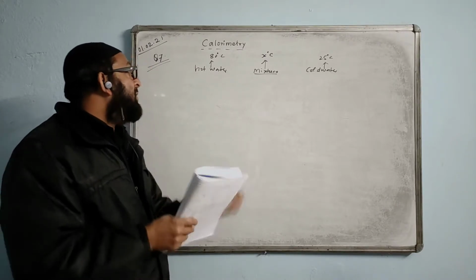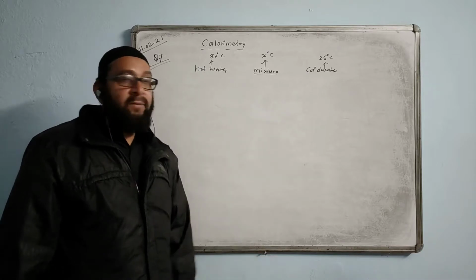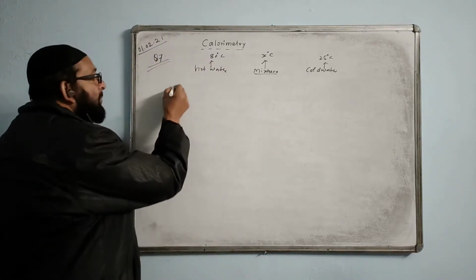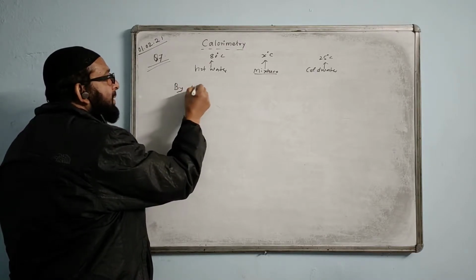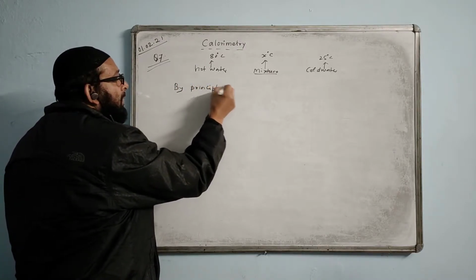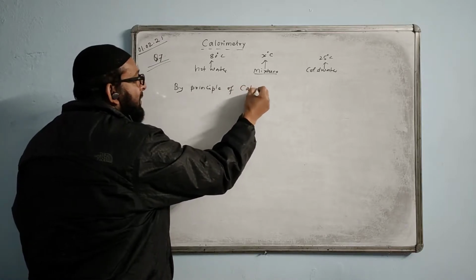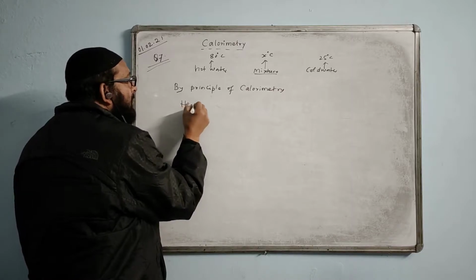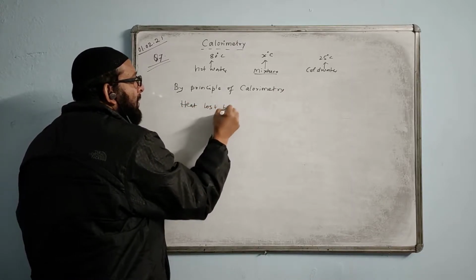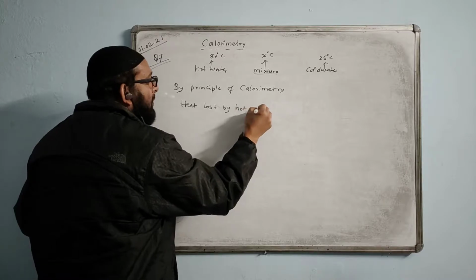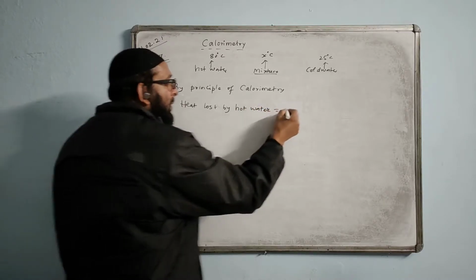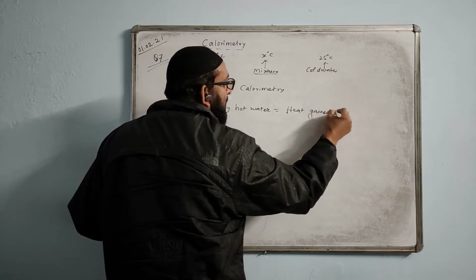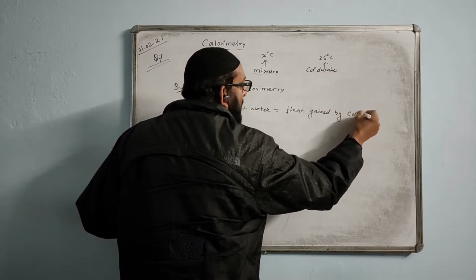So which one will lose heat? Hot water will lose, and cold water will gain. Then we write, by the principle of calorimetry, heat lost by hot water equals heat gained by cold water.